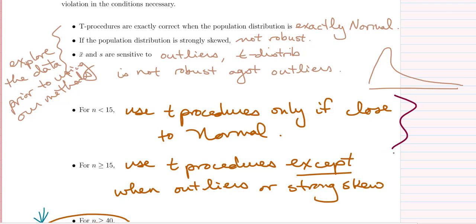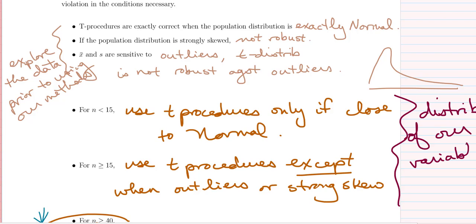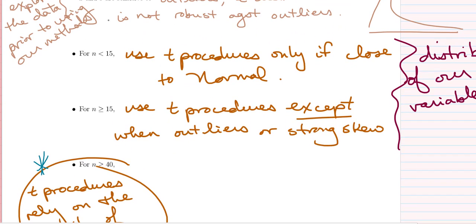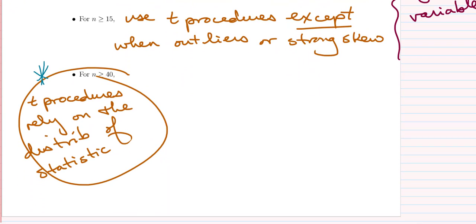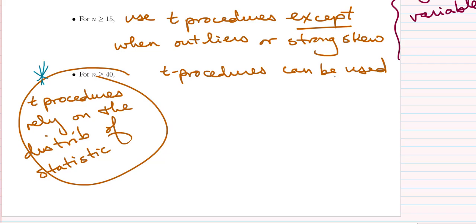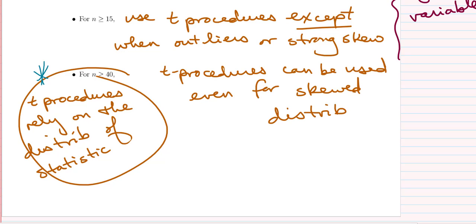The distribution of our variable does have some influence, especially when our sample size is relatively small. But when our sample size is larger, what it's saying when it says T procedures can be used even for skewed distributions is that when your sample size is large, it doesn't matter what your variable distribution looks like.